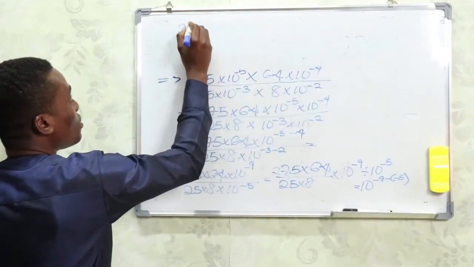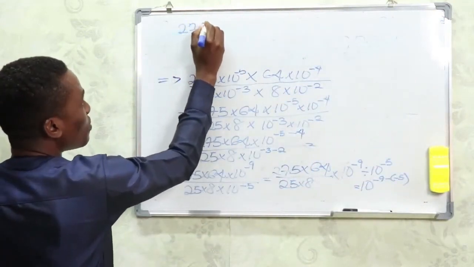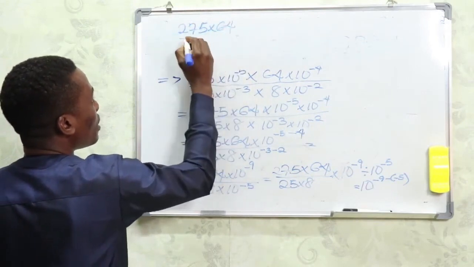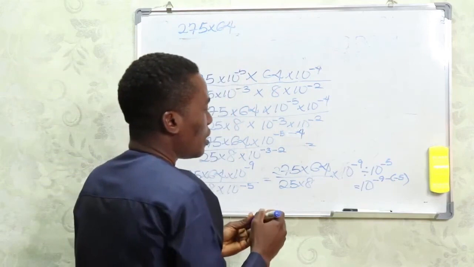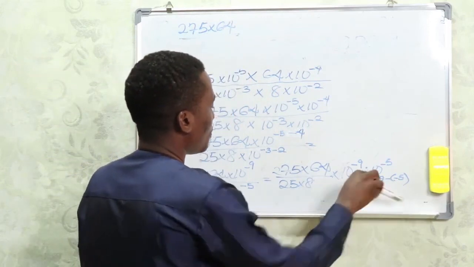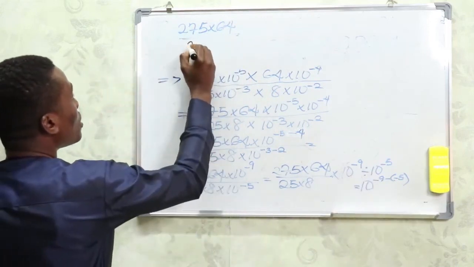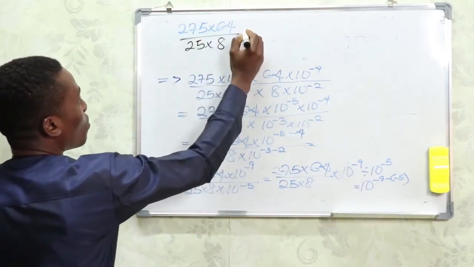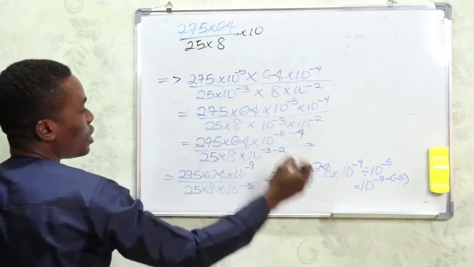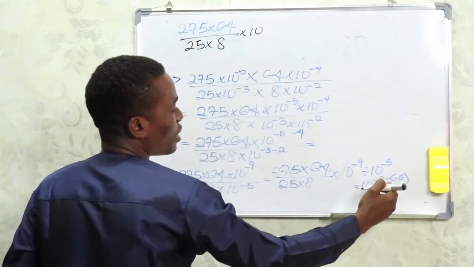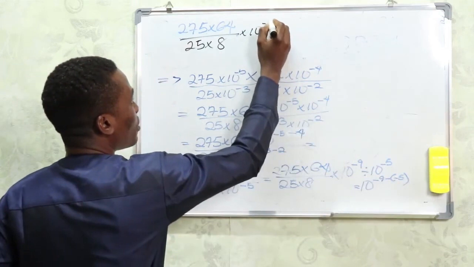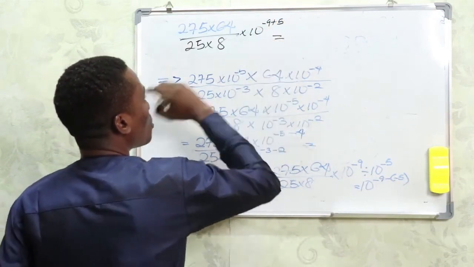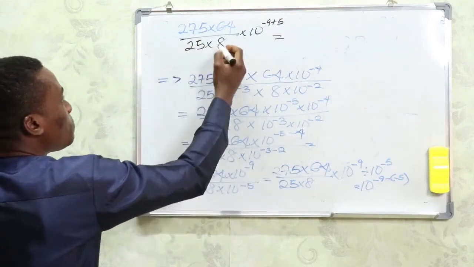We're going to have 275 times 64 divided by 25 times 8. Now multiply by 10 raised to power minus times minus will give us a plus. That will be minus 9 plus 5. So this will now be equal to, we want to simply reduce this further.